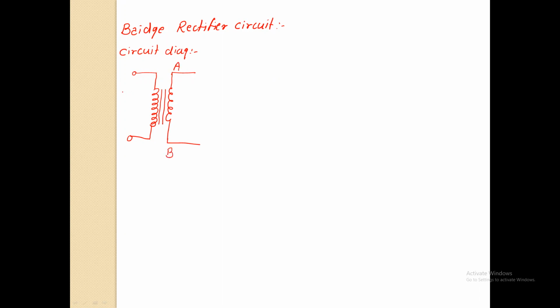Now here, this is the primary winding which is connected to the AC supply. This one is the secondary winding, and the points A and B act as the two end terminals of the secondary winding, and the voltage developed at these two points we call the input voltage for the rectifier circuit, because as you know the output of a transformer is the input to the rectifier circuit.